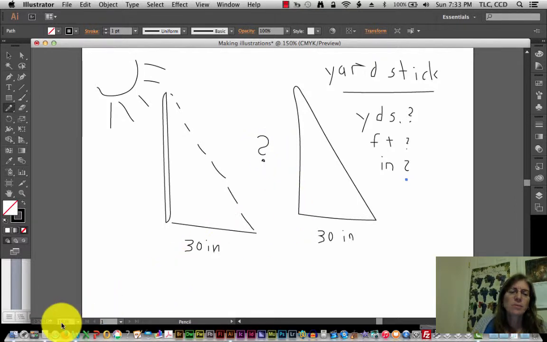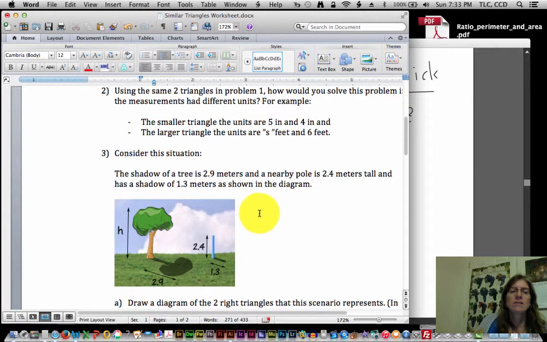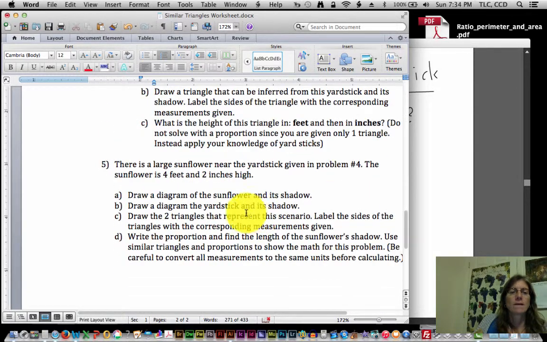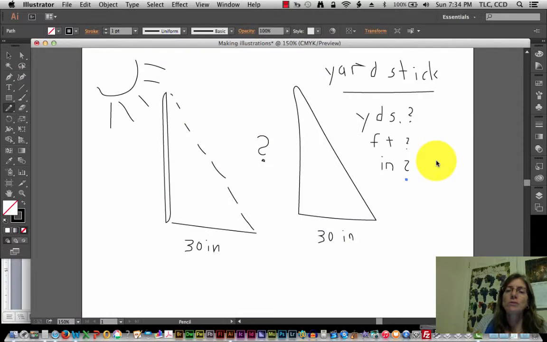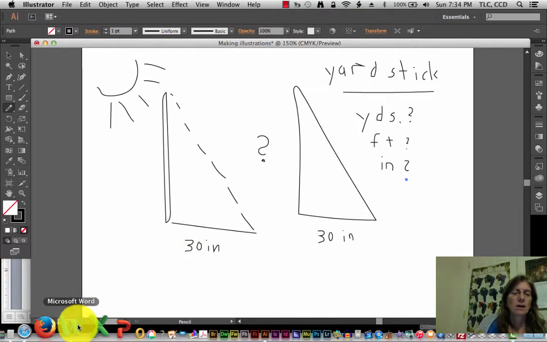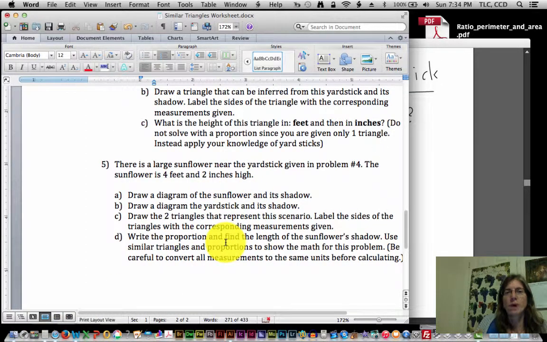That becomes important because in this last problem, you're asked to put a sunflower near the yardstick. Once you draw a sunflower with a certain height and a certain shadow next to the yardstick, you're going to have two triangles. I'm not going to solve this last problem.